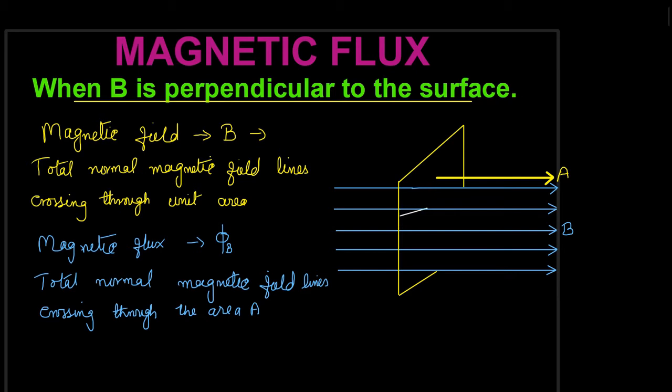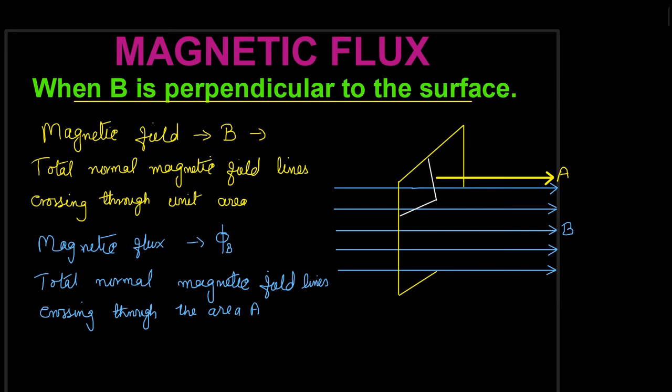Through unit area, how many field lines are passing normally? That is the magnetic field. And through the entire area A, how many field lines are passing? That is magnetic flux phi B.